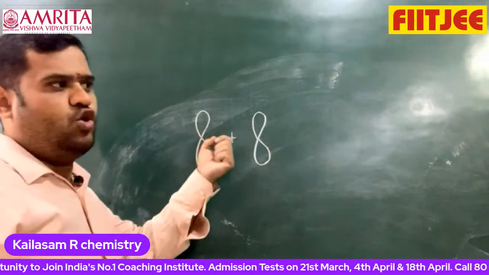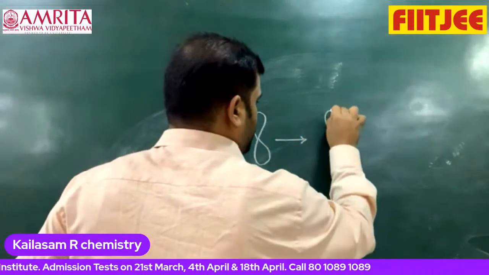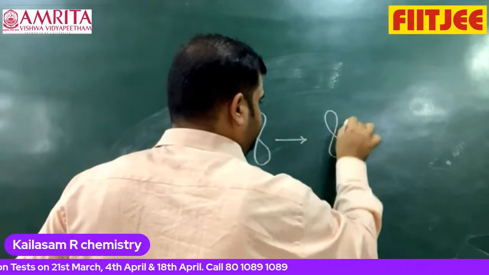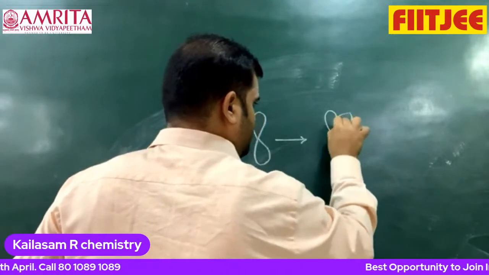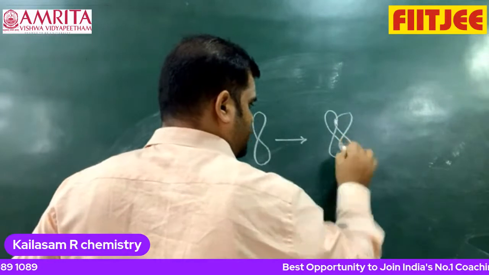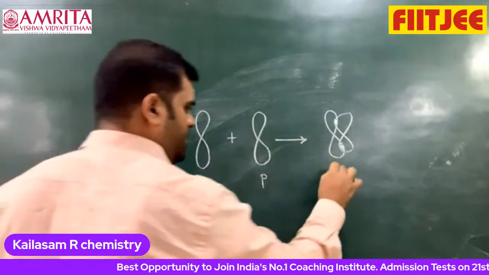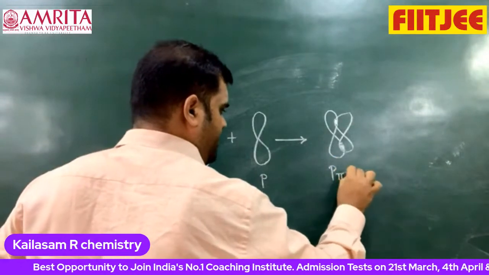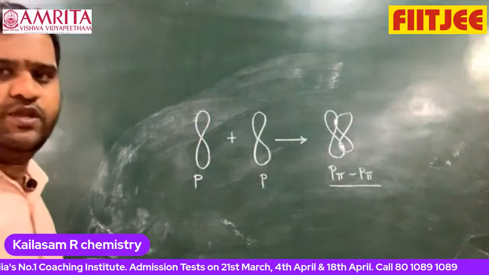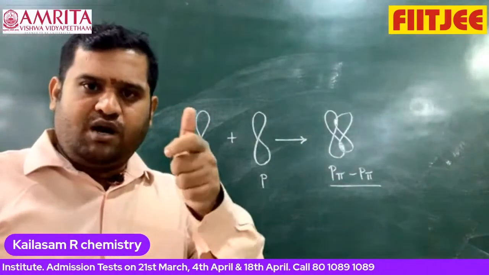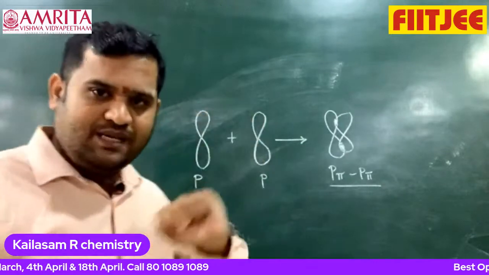That means sideways overlap, which gives us the P pi bond. Looking at sigma bond and pi bond, which bond is stronger? Sigma bond is stronger. Why is sigma bond stronger?